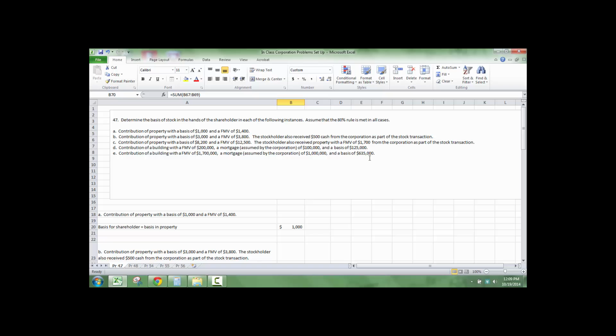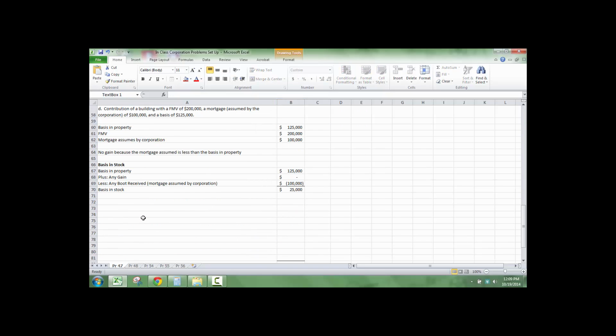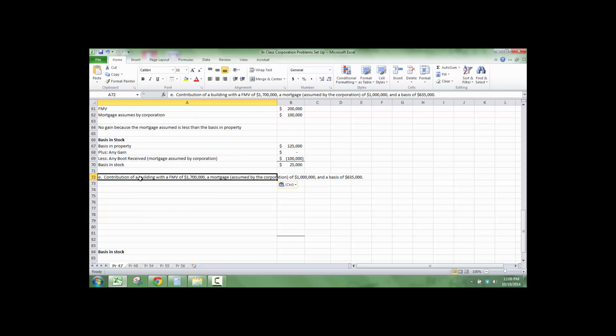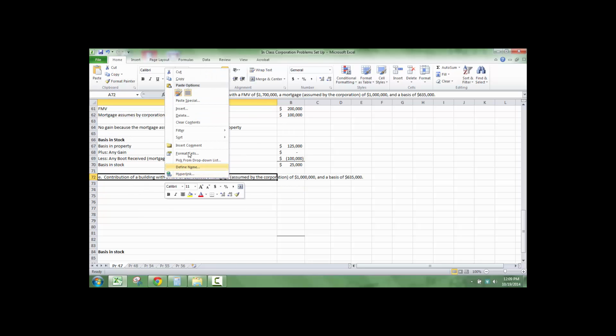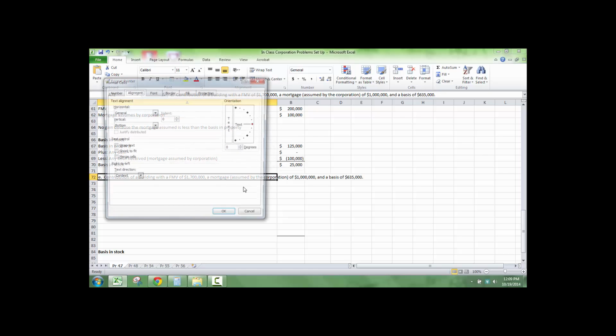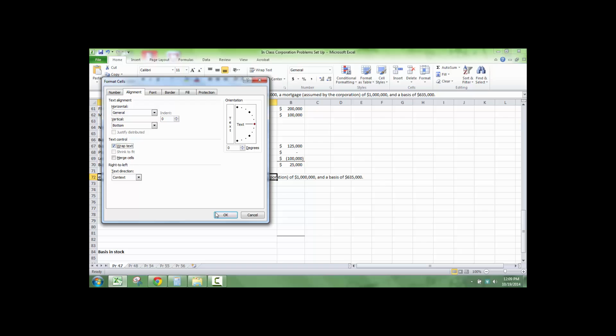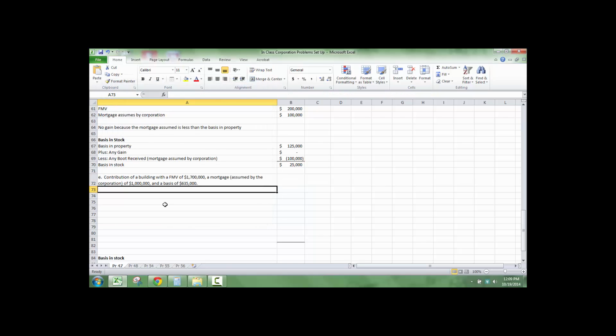And then there's a final problem, E, which I happened to delete by accident here. So E, we said we have a basis in the property of $635,000.